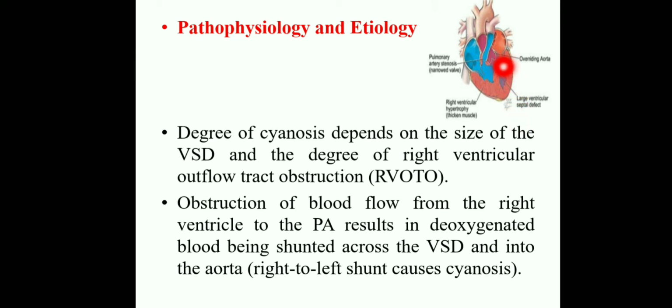Here the ventricles have a septum, with an opening between the right and left ventricles. If the septum has a small hole, cyanosis will not be that much. If a big septal defect is there, what happens?